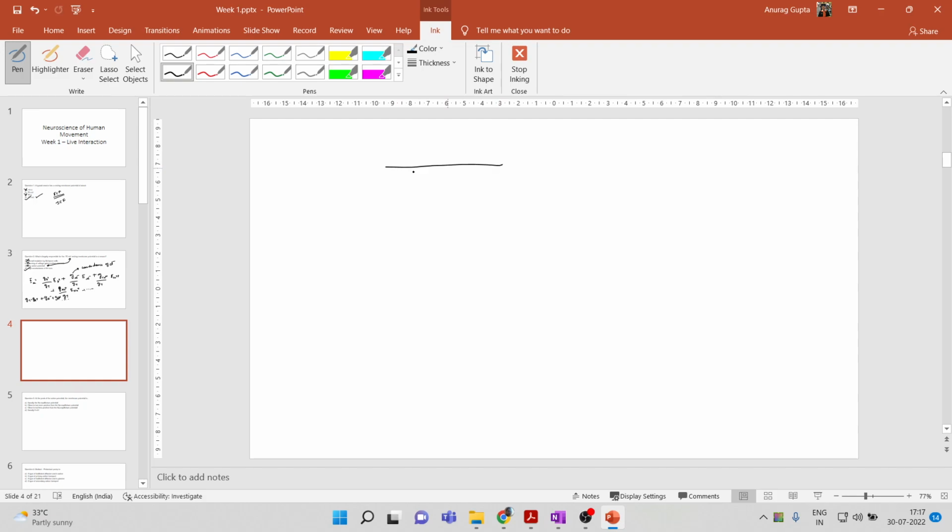Let us say we have this container which has a membrane, and we have potassium ions in large concentration here, and potassium ions in low concentration here. So there is a concentration gradient across the membrane.